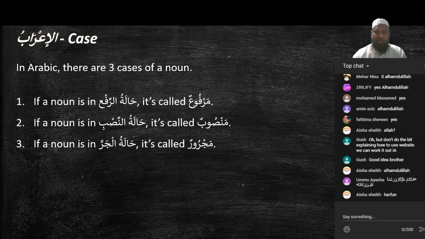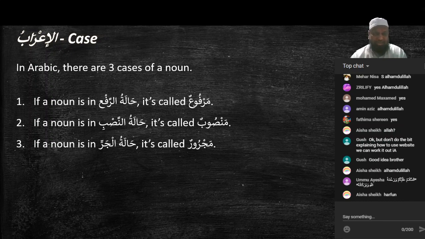Now, al-i'rab again. This time it is the case. In Arabic, there are 3 cases of a noun, of an ism. So an ism will have one of the 3 cases. I'rab means the grammatical function of the ism in the sentence.